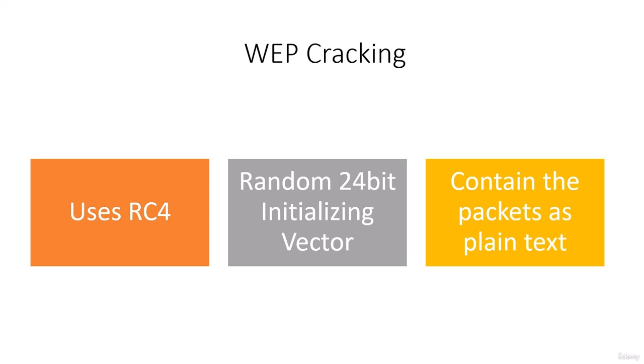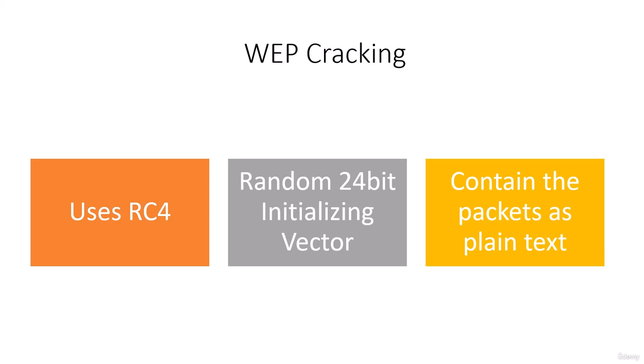The initialization vector is a random number. It's sent inside the packet in plain text, so this part is not encrypted. If you read a packet, you'll be able to read it in plain text. But the problem with this is that the IV, the initialization vector, is very short.